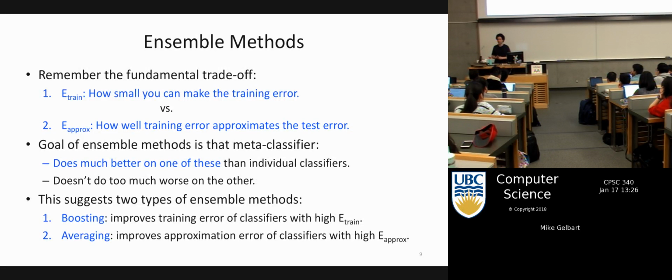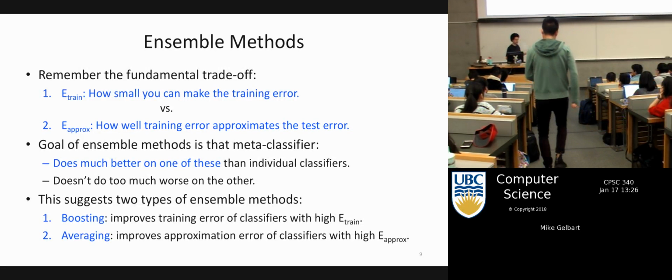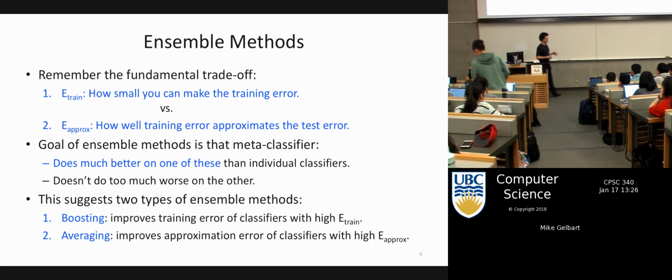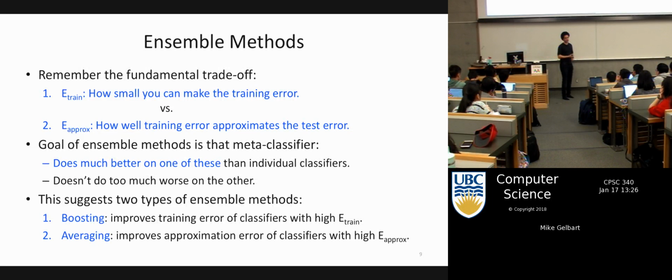It's not precise, the analogy, but it could be a helpful way of thinking about things. So roughly, boosting takes a bunch of underfitting classifiers, and we're going to get into the details, but takes a bunch of underfitting classifiers and makes their training error better. And roughly, sort of, averaging takes a bunch of overfitting classifiers and makes the approximation error better. I'm making funny faces because it's a bit more complicated than that. Averaging can also improve training error, but there's something to it.